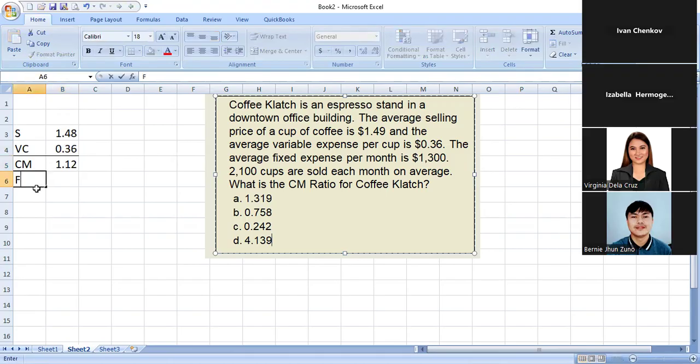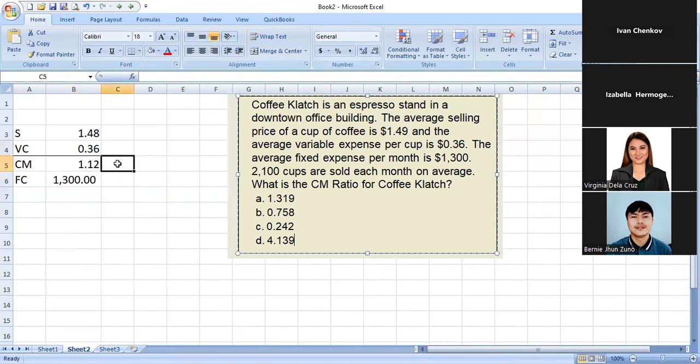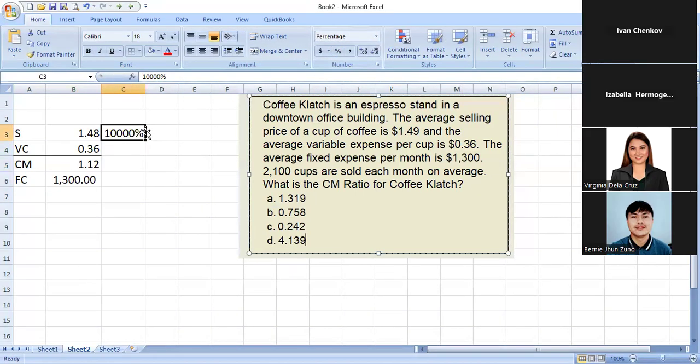And we have the fixed cost, which is $1,300 in this case. So our contribution is 100%. Then that one will be equal to 36 divided by 148.